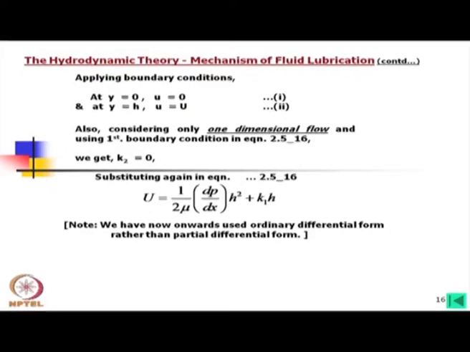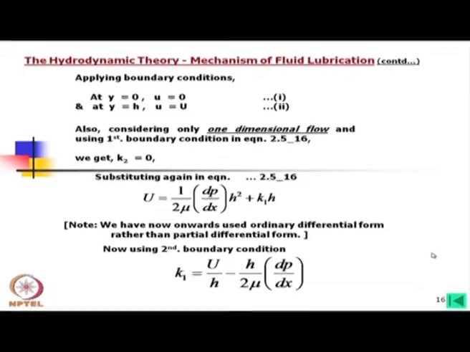But here we are considering only one direction, so we will write the equation in this form. Now, using the second boundary condition, we get k 1 is equal to U by h minus h by 2 mu dp by dx.